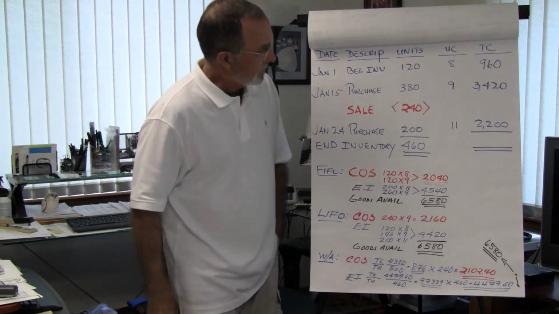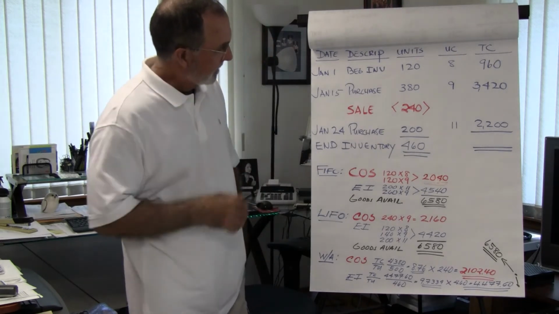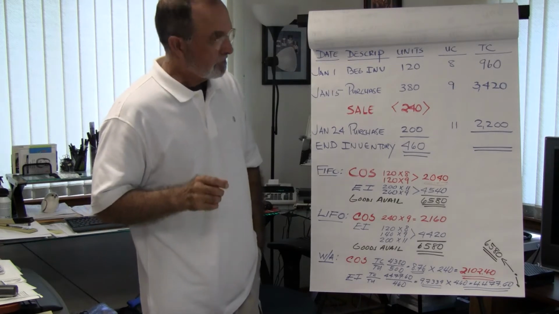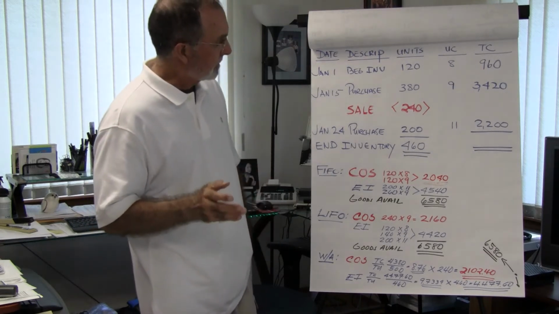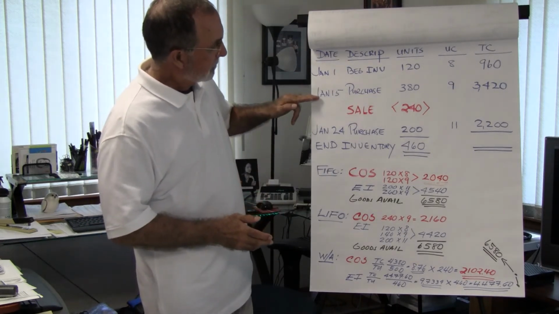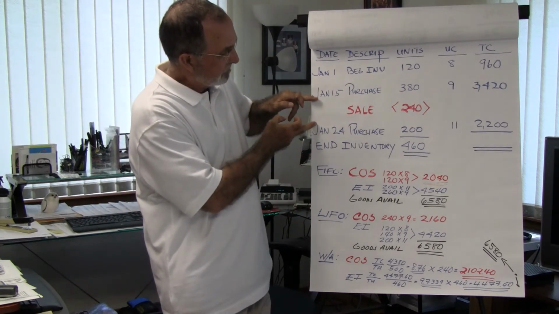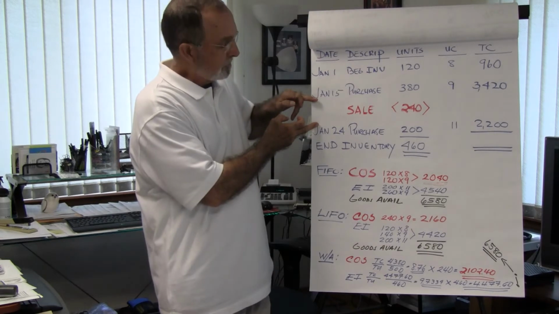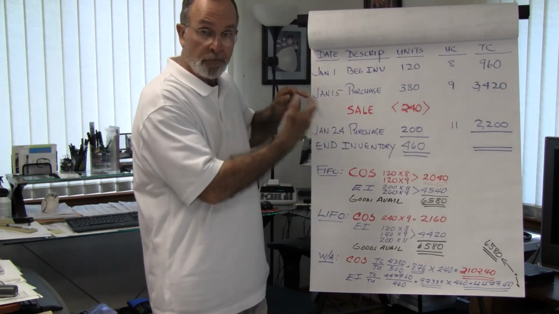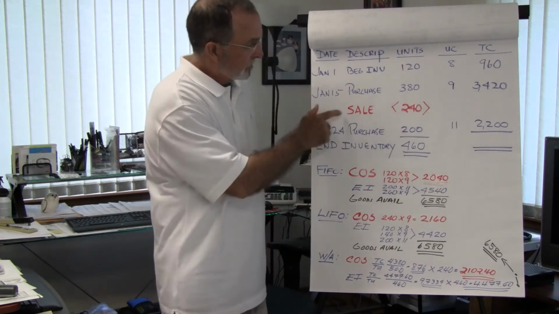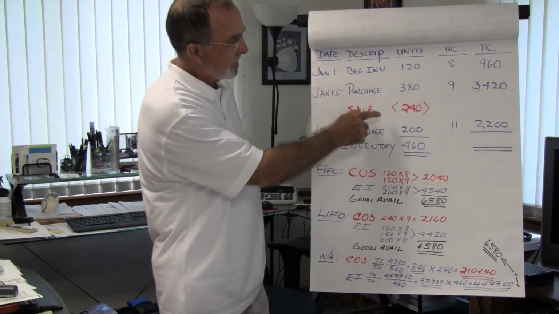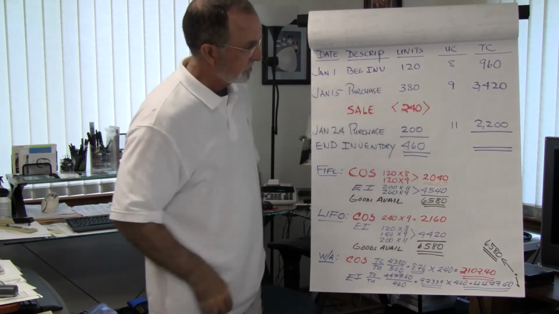And then the exercise tells us that our sale of 240 units happened after January 15th. So it happened between January 16th and January 23rd. On January 24th, we had our last purchase for the month. So we need to focus on our sale of 240 units.